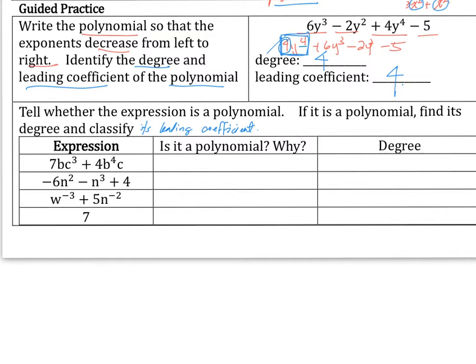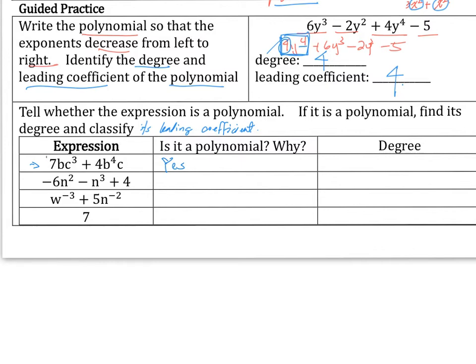Now here we are to tell whether the expression is a polynomial. If it is a polynomial, find its degree and classify its leading coefficient. Is the first one a polynomial? And why? I would say it is, because we don't have a negative exponent, we don't have a variable in its exponent, and we don't have a variable in its denominator.